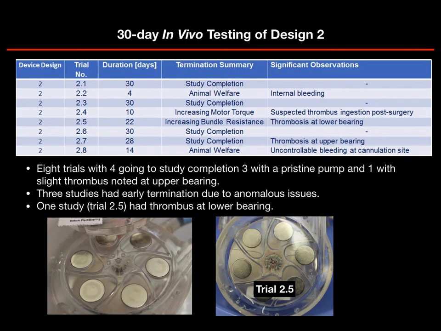So, how did design 2 perform in vivo tests? Of the 8 trials using the design 2 pump, 4 went to 30-day completion, 3 of those with a pristine pump, 1 with a slight thrombus at the upper bearing. 3 of the studies terminated early due to various issues. 1 study, trial 2.5, did have a thrombus at the lower bearing, but you notice that it is much smaller than what we were seeing before.